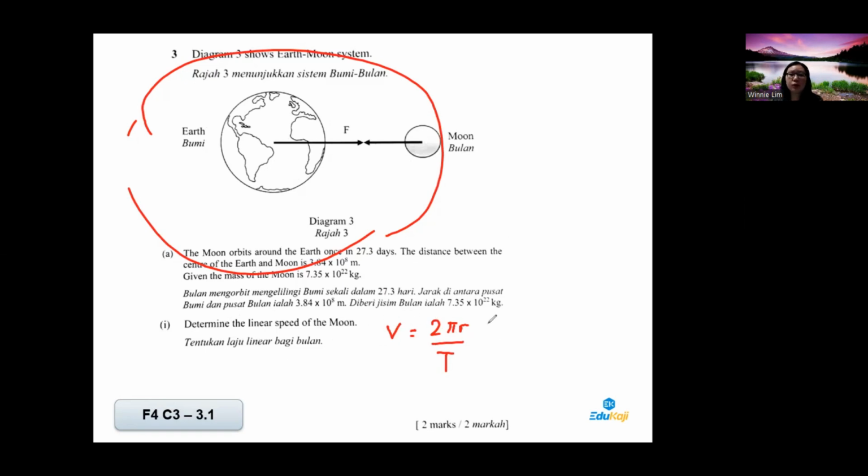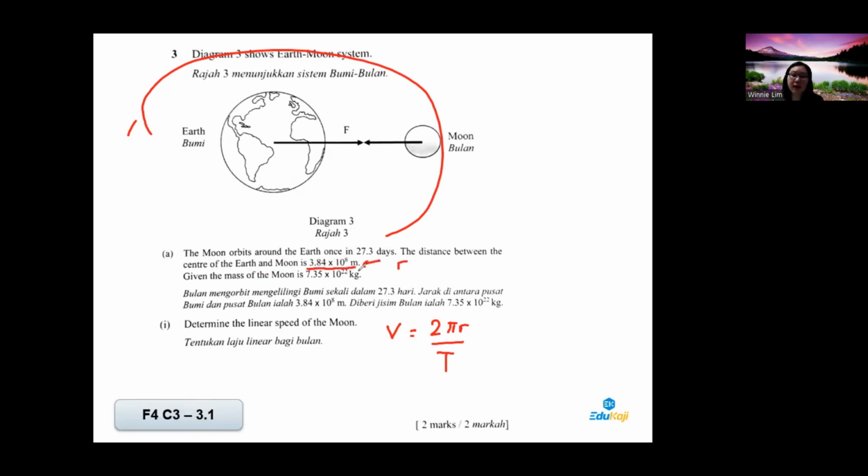Okay, so once you know the formula to use, then you just substitute accordingly. 2 pi, you can get it from the calculator. You can use pi as 22 over 7, 3.142, or the calculator, no problem. The R given here is this 3.84 times 10 power 8 meter.